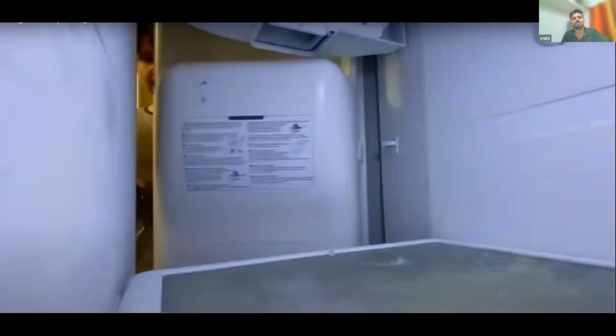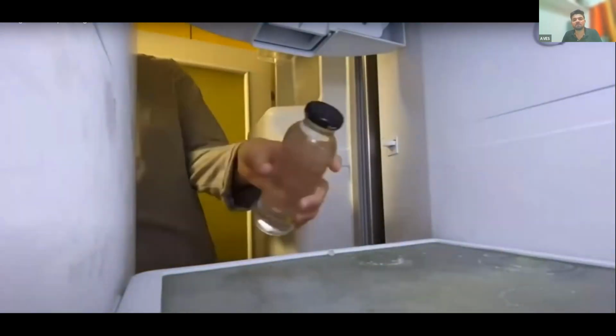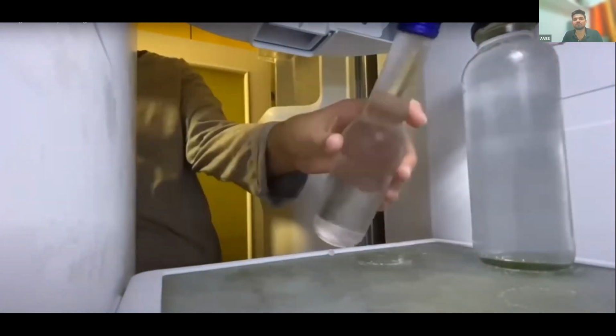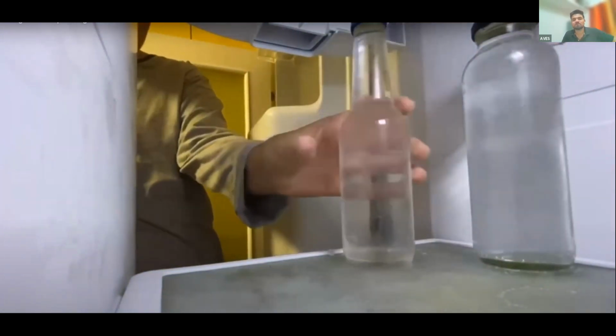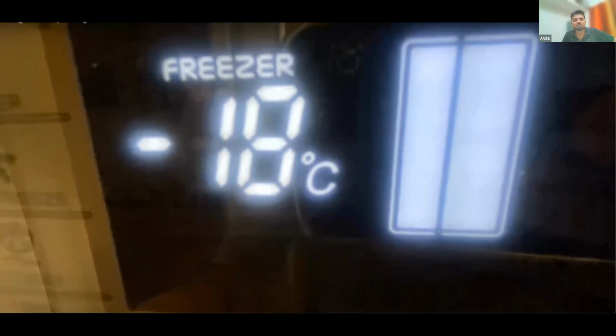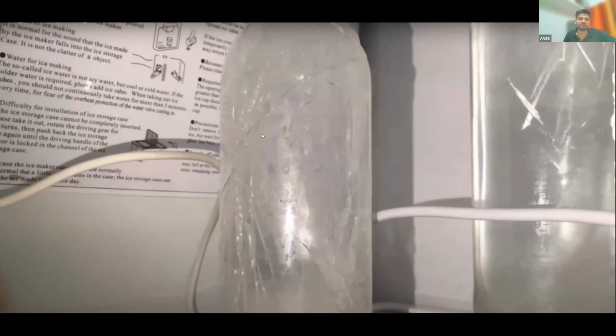And when you keep this one in the refrigerator, you will find that due to expansion, you can check it, this bottle gets cracked. Why?